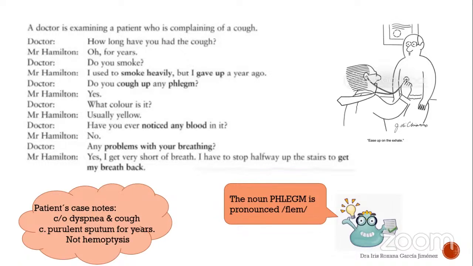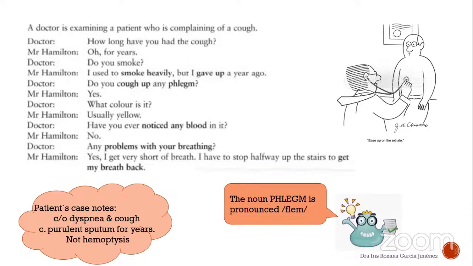Yes. What color is it? Usually yellow. Have you ever noticed any blood in it? No. Any problems with your breathing? Yes, I get very short of breath. I have to stop halfway up the stairs to get my breath back.